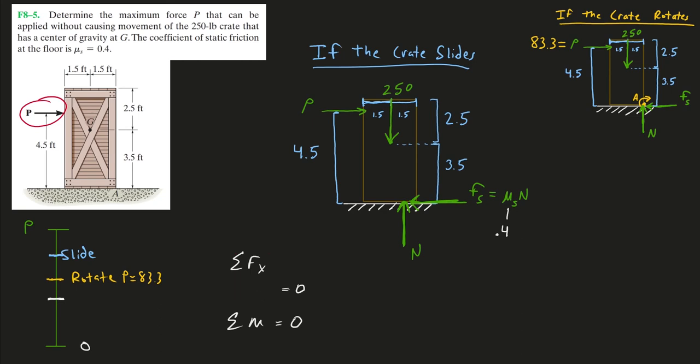So I'm going to sum the forces in the x. We have P pushing to the right, and we have that force of maximum static friction trying to keep us still to the left. Too many unknowns here. If I figure out my normal force, I could figure out the pushing force that's needed. So I'll do my sum forces in the y.